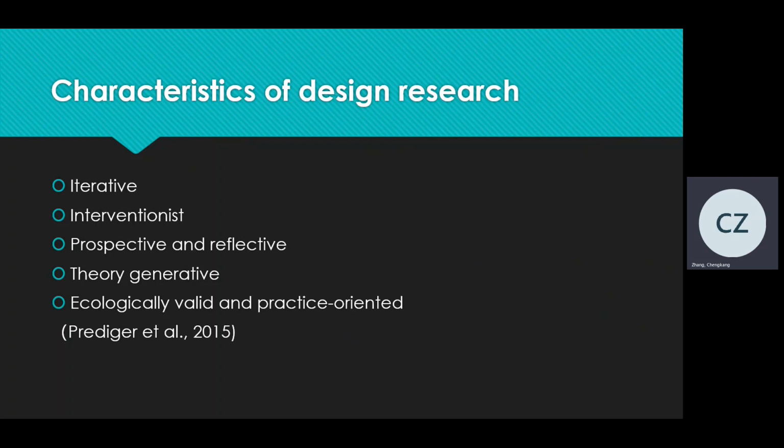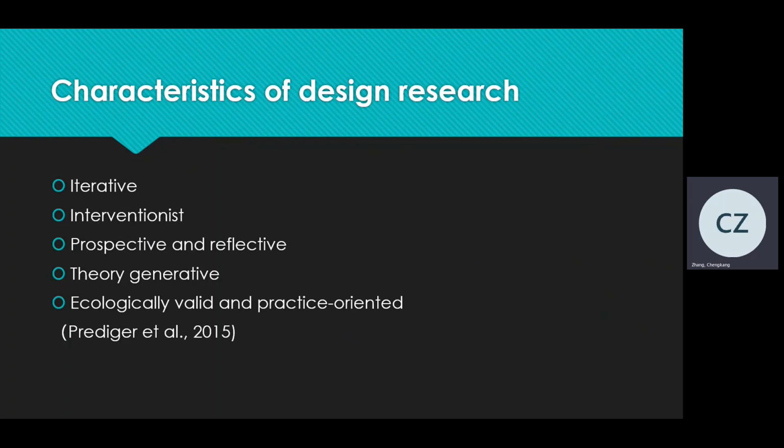It's also interventionist. Design research tries to create something intentionally, and tries to change something a little bit to understand the object of research. So intervention is necessary in design research, and we say design research is interventionist.